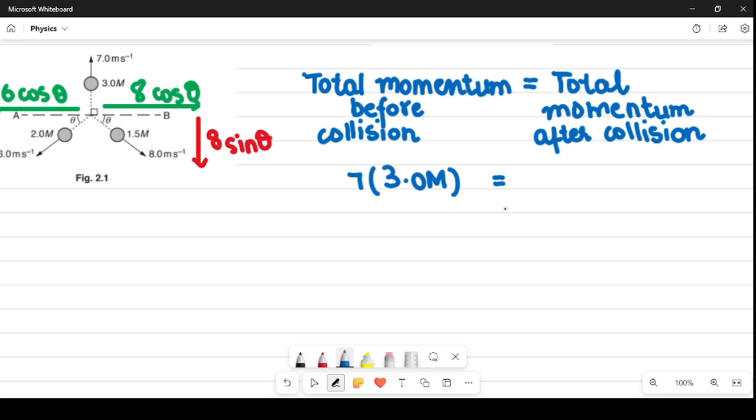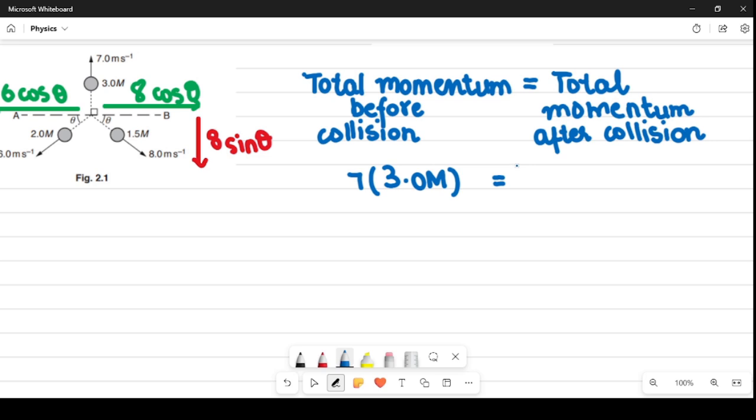We don't know what m is, but we cannot exclude m because they have not told us if it's a unit or anything else. So currently m is a constant, a value that is with 3, right? So this entire 3m is the mass.